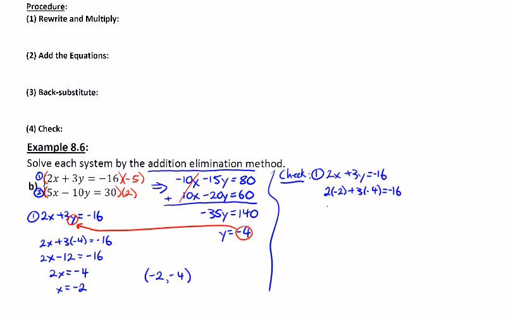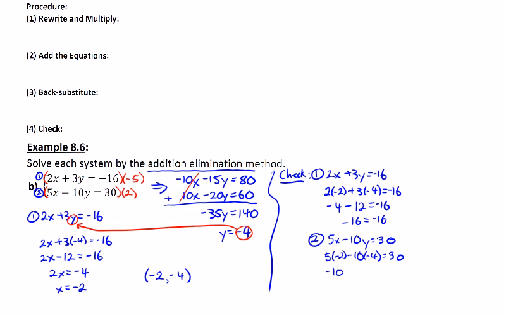Let's see if it is. Negative 4 minus 12, and we do. We get negative 16 equals negative 16. So the first equation checks out. Let's try the second one. 5x minus 10y equals 30. 5 times negative 2 minus 10 times negative 4.